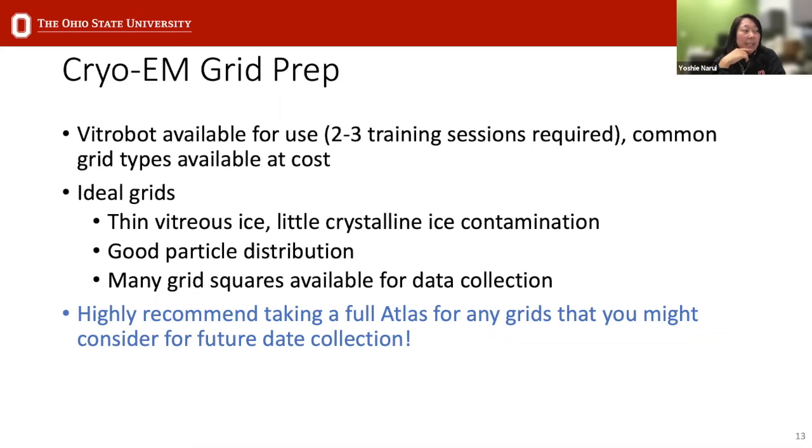And you want to see a lot of grid squares that can be used for data collection. So if you only have one good grid square on an entire grid, that's not going to be enough data for you to successfully do a reconstruction. So we want to see at least a handful, like 5 to 10 grid squares that we could see collecting data from.